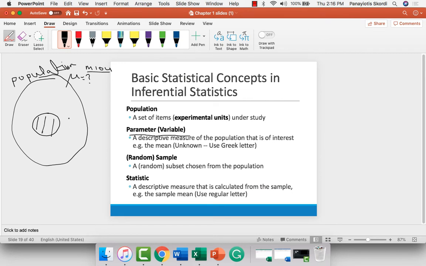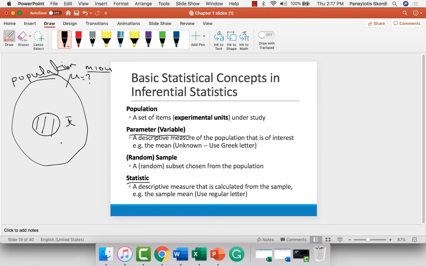Now the average of a sample has this symbol, an X with a bar on the top of it. So X bar is the average of a sample. And anything that describes a sample, like the mean of the sample, is called a statistic. Anything that describes the whole population is called a parameter.